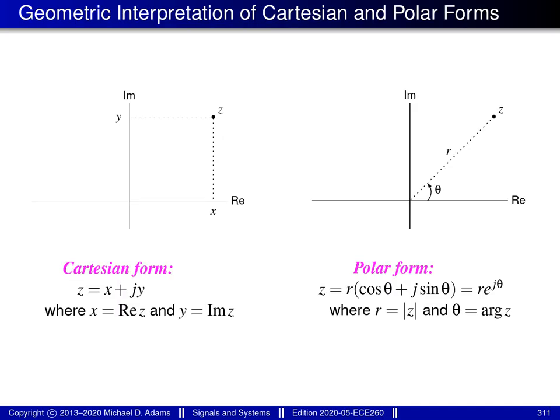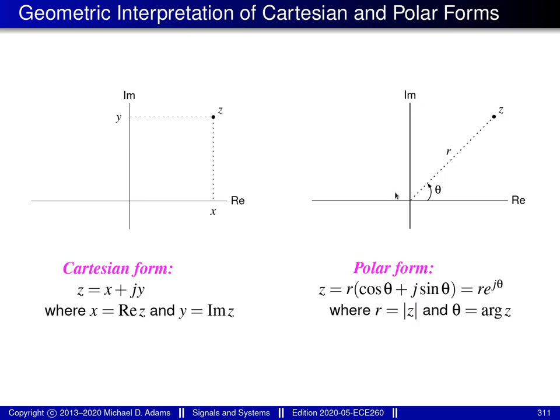On this slide I have a couple of figures that illustrate the geometric interpretation of the Cartesian and polar forms of complex numbers. So the figure on the left illustrates the Cartesian form. In this case the horizontal axis corresponds to the real part of the complex number, and the vertical axis corresponds to the imaginary part. So the complex number x plus jy would be this point here.